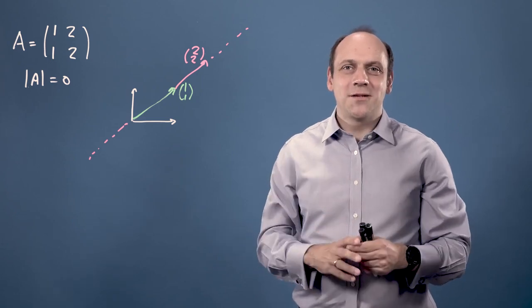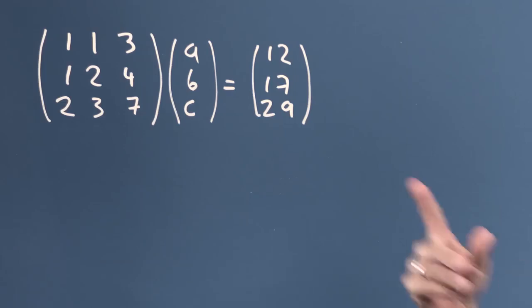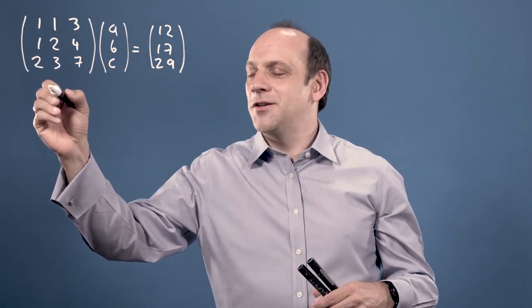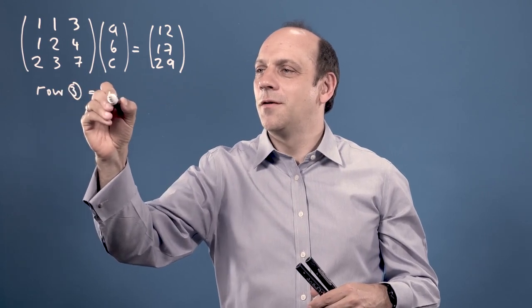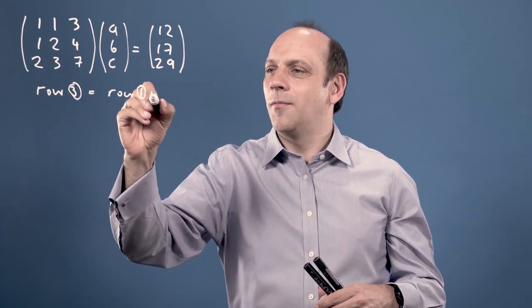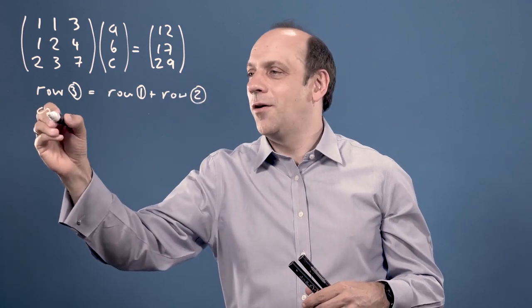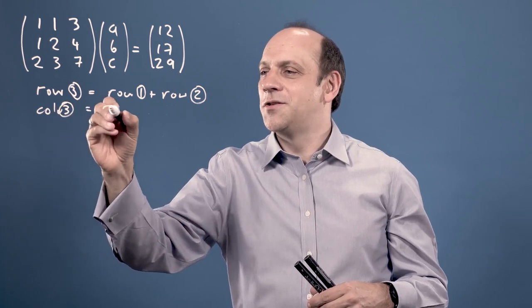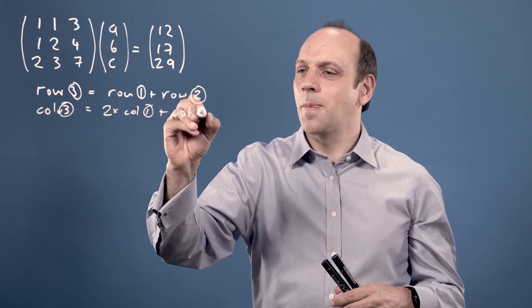Now let's turn back to our row echelon form and apply that idea. Let's take this set of simultaneous equations, say. You can see that the third row is just the sum of the first two. So row 3 is equal to row 1 plus row 2. And you can see that column 3 is just given by 2 times column 1 plus column 2.